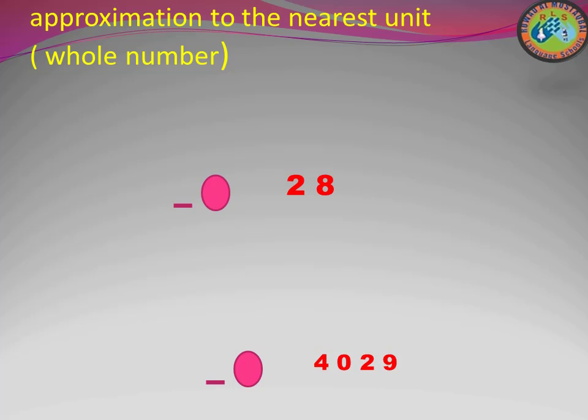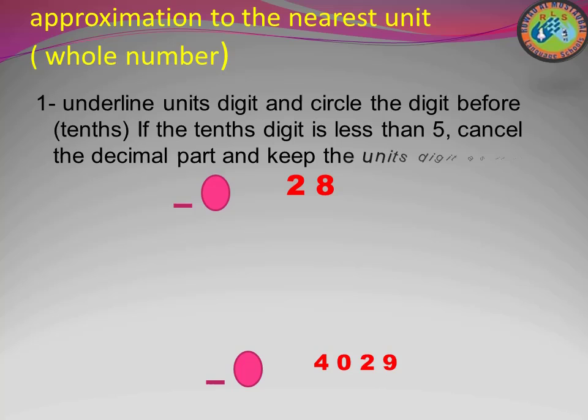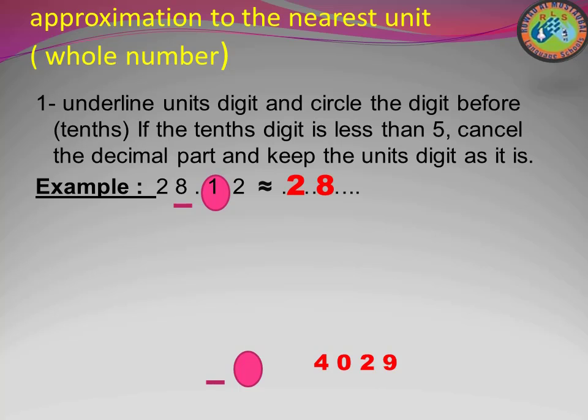Approximation to the nearest unit or to the nearest whole number. Again, underline the units digit and circle the digit before, the tenths. If the tenths digit is less than 5, cancel the decimal part and keep the units digit as it is.